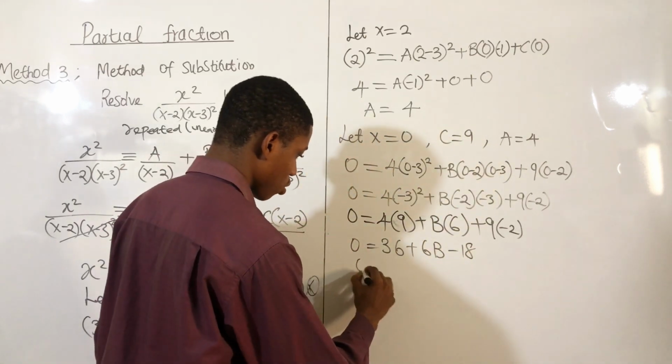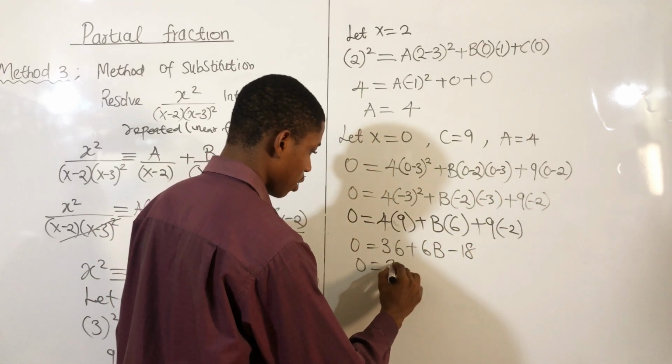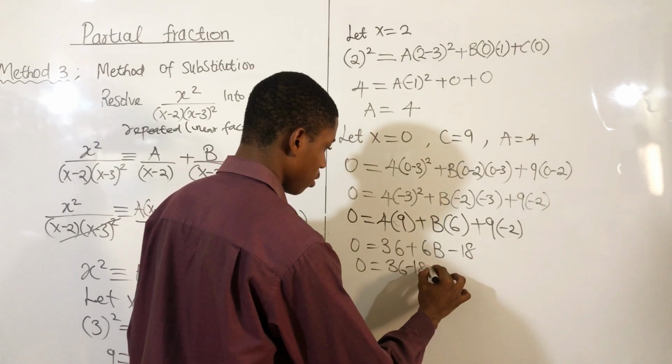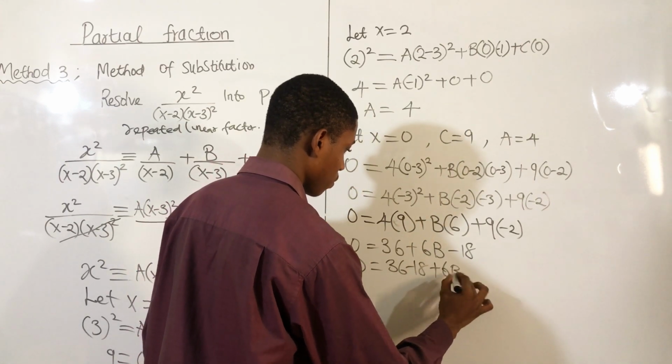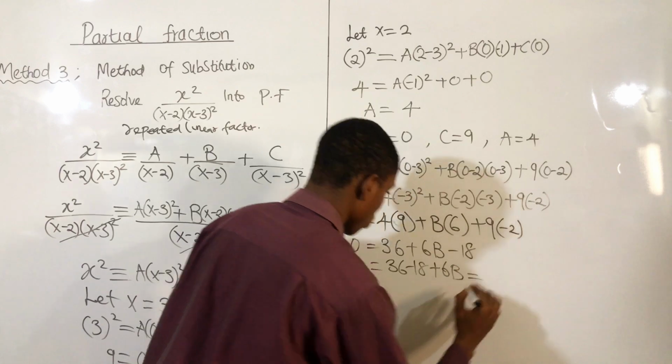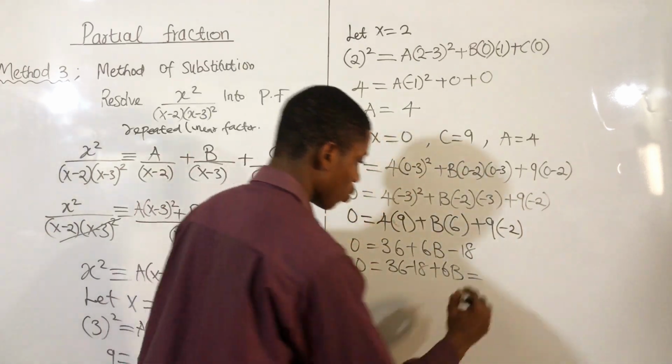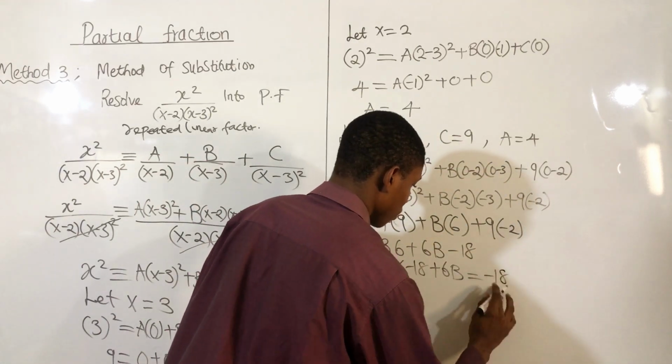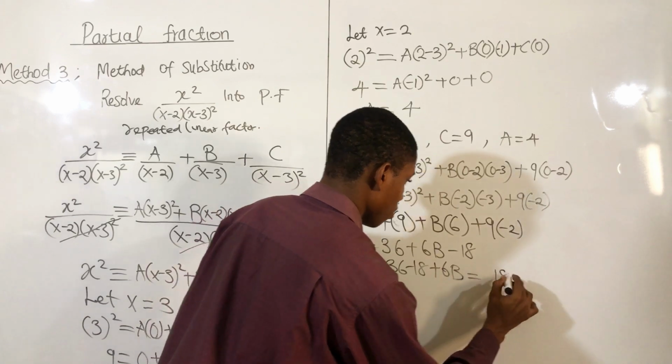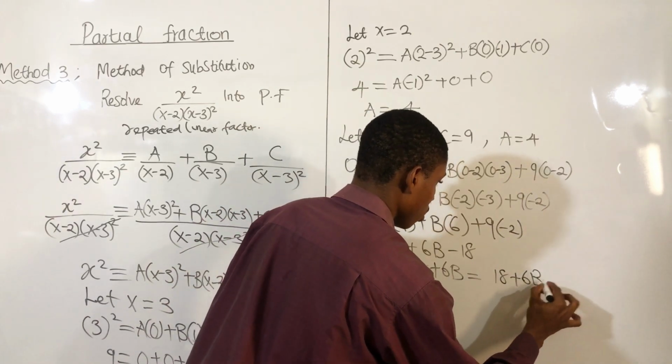So we have 0 is equal to 36 minus 18 plus 6B. 36 minus 18 is 18, so 18 plus 6B equals 0.